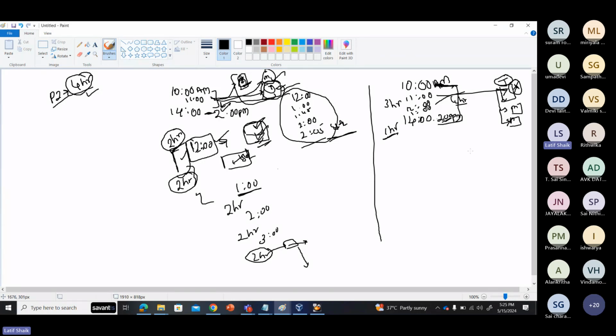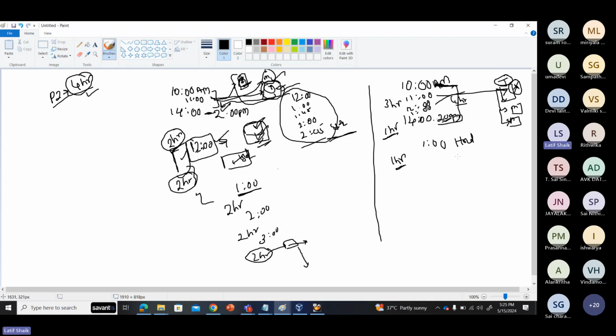It is an SLA violation. So what I have done: at 1 o'clock, I hold the ticket. Now the clock is stopped, so I still have 1 hour of time.